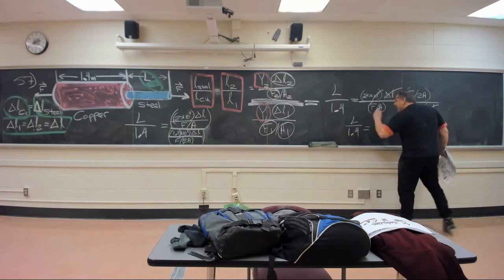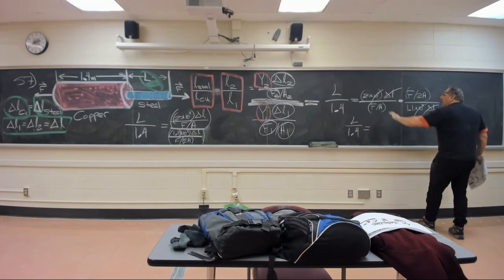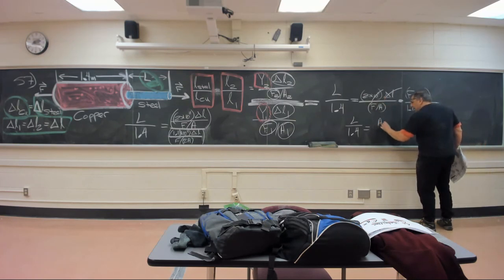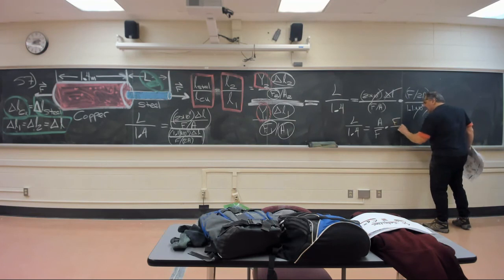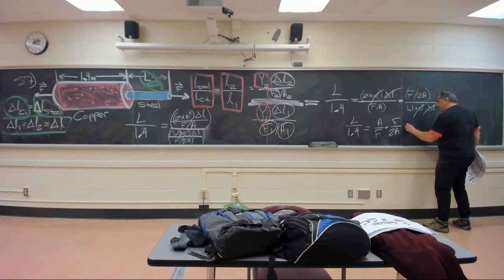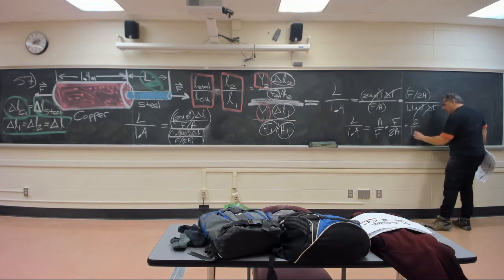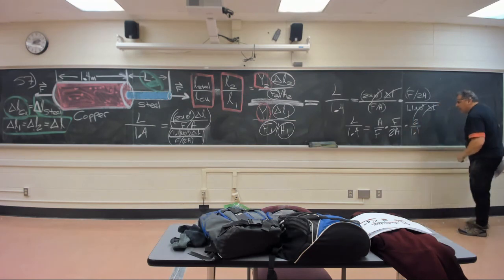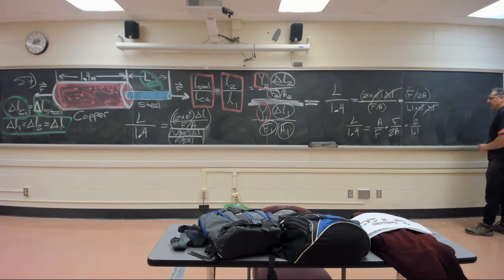This flips, and you've got this. The other one stays like this. You've got a 2, and you've got a 1.1, and the rest is pretty easy math, you guys.